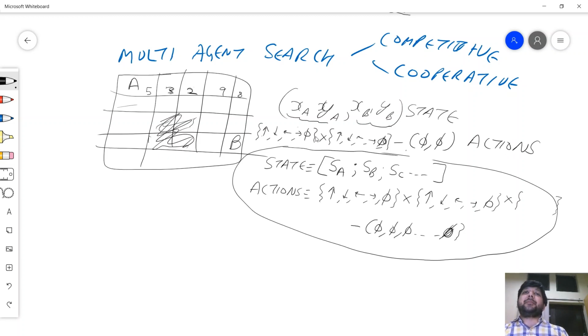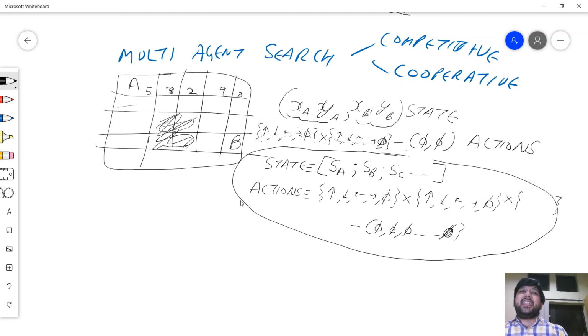So that says up-up, up-down, up-left, up-right, up-no action, down-up, down-down, down-left, down-right, down-no action, left-up, left-down, left-left, left-right, left-no action, up-no action, down-no action, right-no action, left-no action, which will get subtracted, of course, over here.